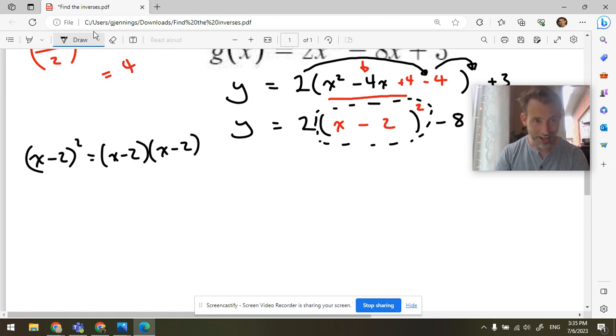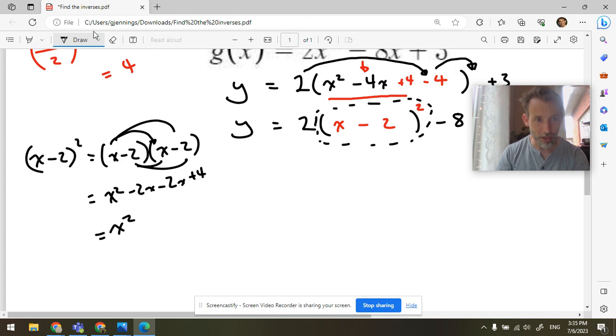Okay, I hope you agree. And then this is equal to x squared minus 2x minus 2x plus 4. Let's simplify that. x squared minus 4x plus 4. Oh, wait, wasn't that what you underlined right there?